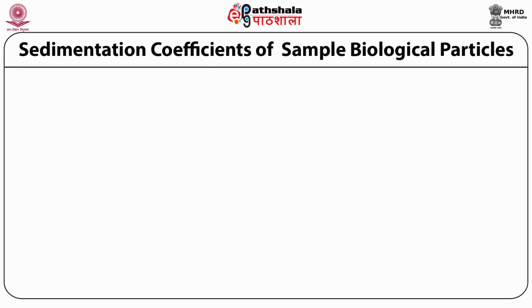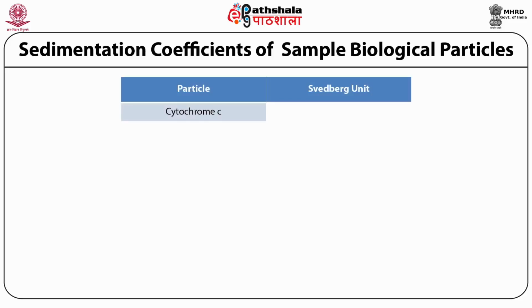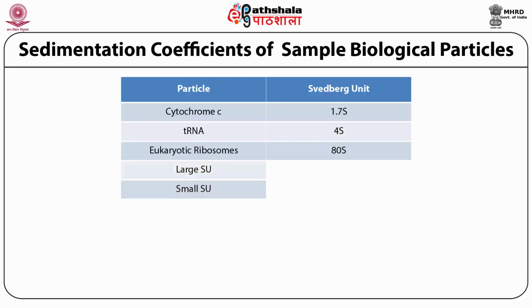Consider the sedimentation coefficient values of some common biological molecules. Cytochrome C is a very small protein and has an S value of 1.7S. Transfer RNA has 4S. The eukaryotic ribosome, as you are aware, is 80S, but it has two subunits, one 60S and one 40S.